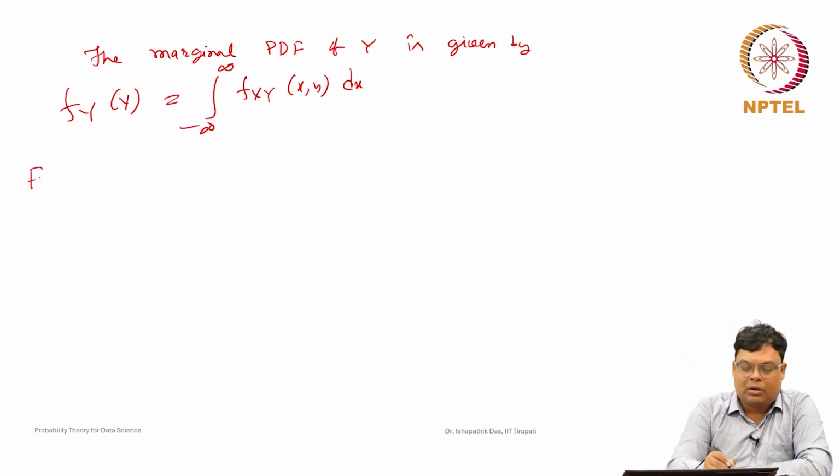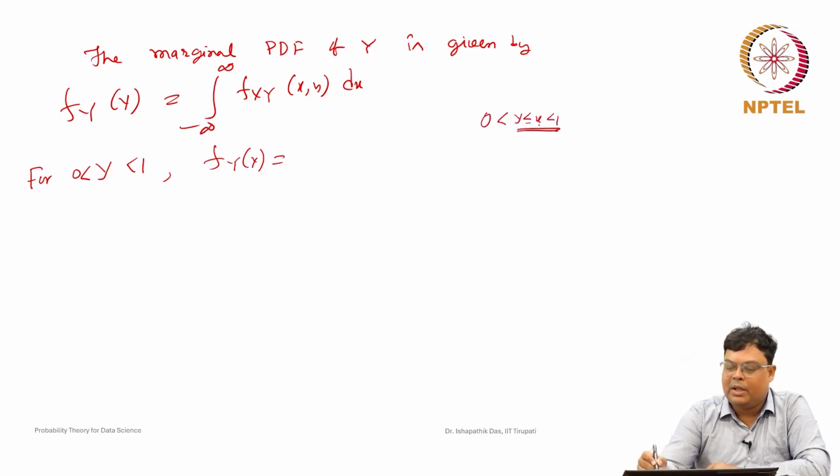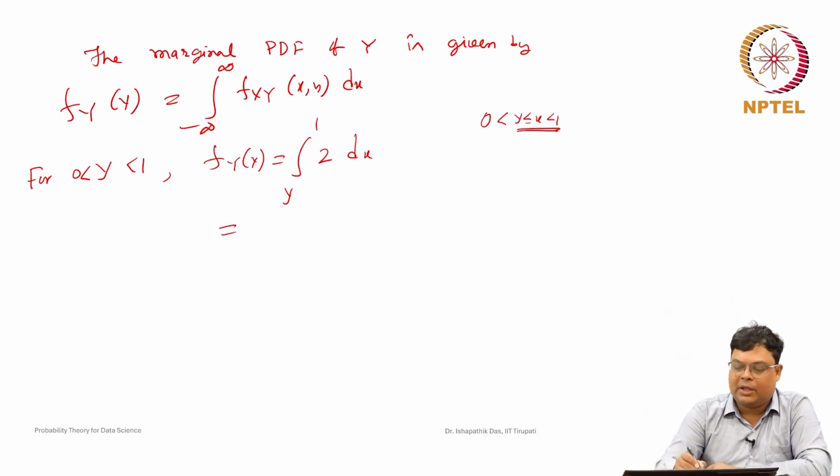Now, for y between 0 and 1, we have to find the limit. This is non-zero whenever 0 is less than y, less than or equal to x, less than 1. So the limit of x will be y to 1 for a given y. This is the integral from y to 1 of 2, a constant, dx. So this will be 2 into 1 minus y, otherwise the value is 0.